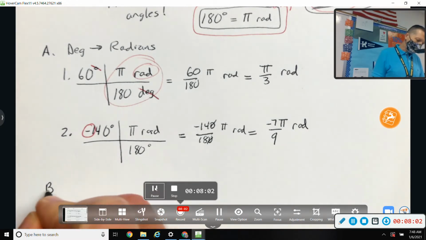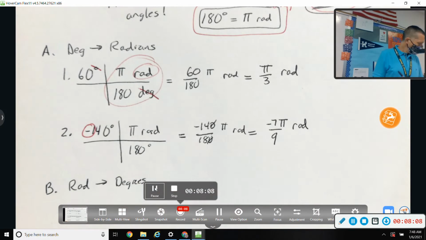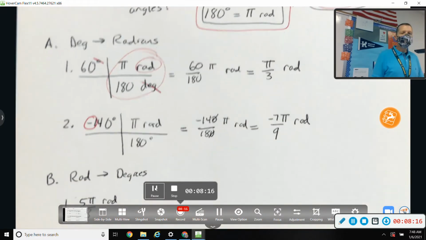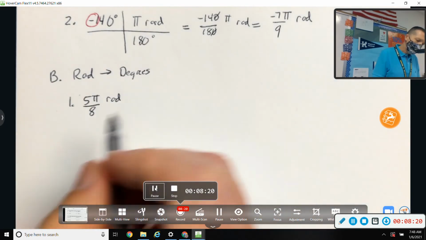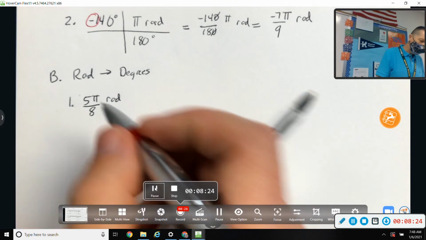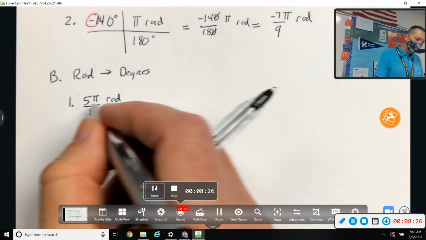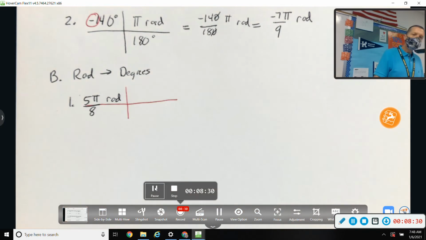All right, let's switch and go the other way. Let's go radians to degrees. So let's say we're starting with 5 pi over 8 radians. Rather than putting the whole 5 pi over 8 in the top when we do the train track thing, the 5 pi is in the top, the 8's in the bottom, so just continue that train track thing like that.